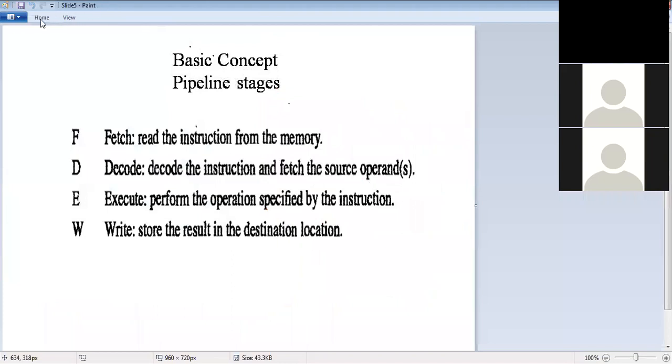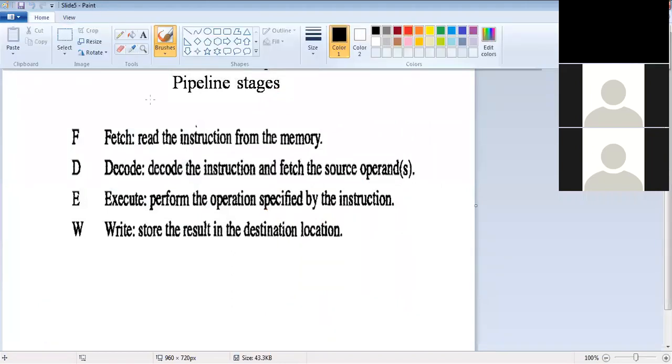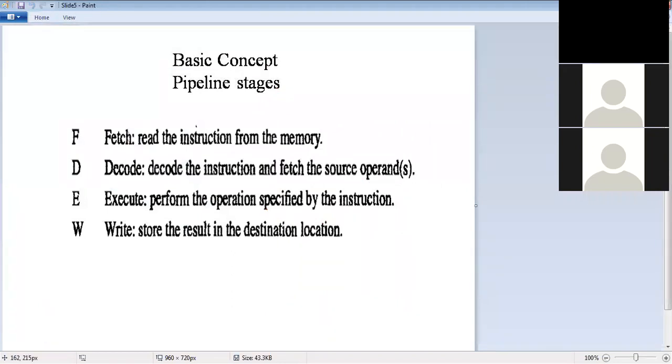As we discussed, I had taken only 2 phases for demonstration, but every instruction requires 4 phases, 4 stages. Sometimes I can also call it a 4-stage pipeline. The first phase is responsible for fetching the instruction from memory, and then decoding the instruction and fetching the source operands.